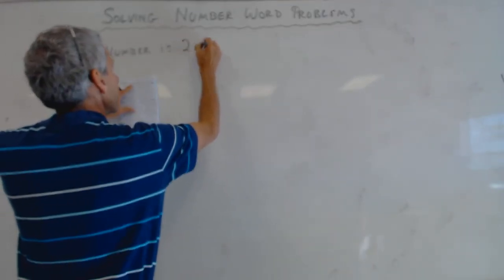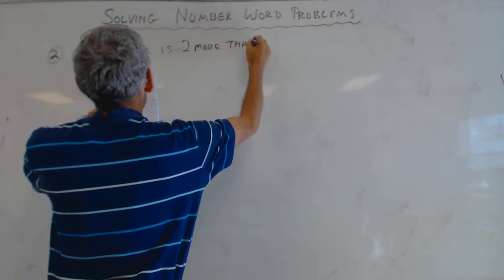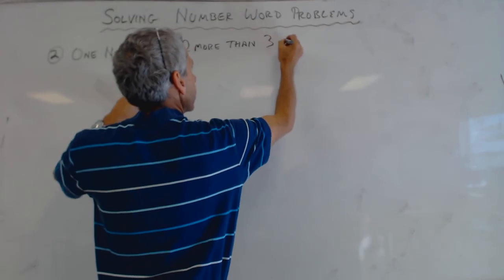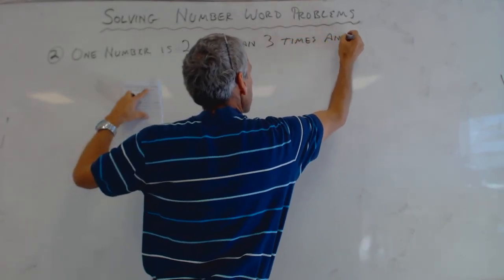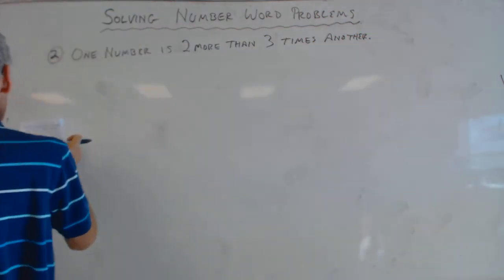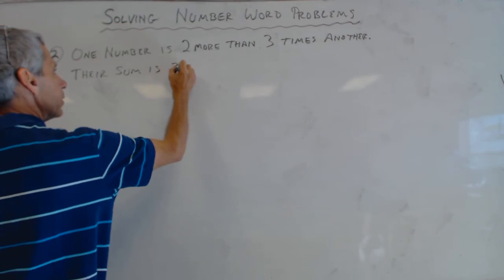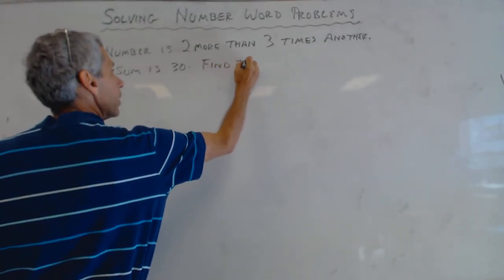One number is 2 more than 3 times another. Their sum is 30. Find the numbers.